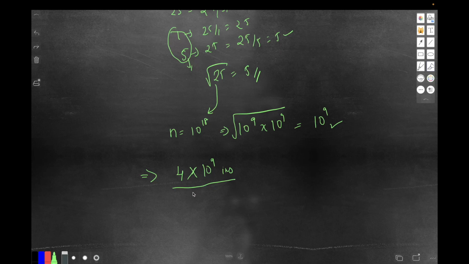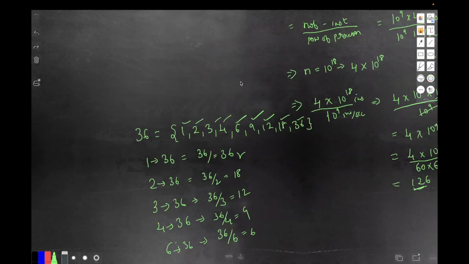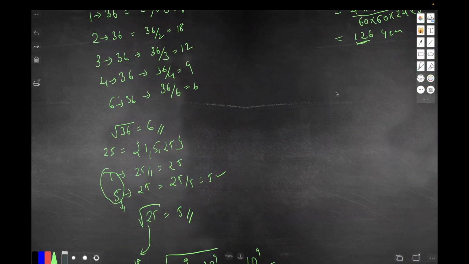The power of the processor is 1 gigahertz, that is 10 to the power 9 instructions per second. The 10 to the power 9 terms get cut and we are left with 4 seconds. Can you imagine, we have brought 126 years down to 4 seconds.